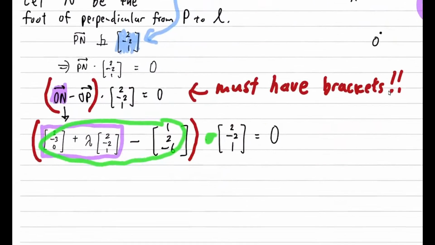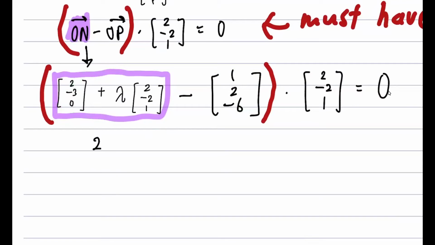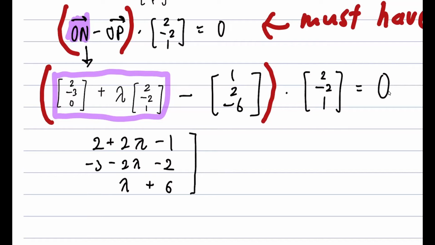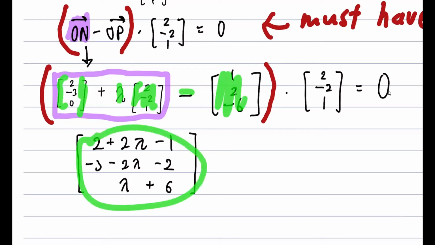Let's simplify this. 2 plus 2 lambda. Can you tell me the rest? Minus 1. Minus 1, even faster. Then next line: negative 3 minus 2 lambda minus 2. Good. And lambda plus 6. Bracket. Lambda plus 6. This one is not bracket anymore, it's a vector. Can you see that it's a vector plus lambda times a vector minus a vector? You get a vector.